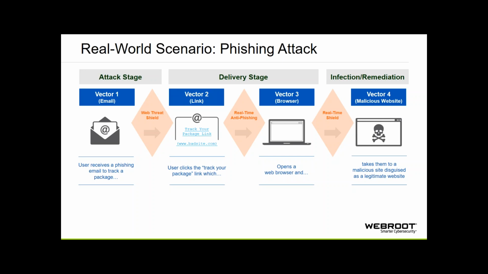So as you can see, you've gone through multiple vectors. We've got multiple different things happening from the link through to the website, through to the file now downloading. And at each of these stages, we're really in preventative mode. And when we get into the real-time shield, we're starting to turn into what I would call a detection layer.